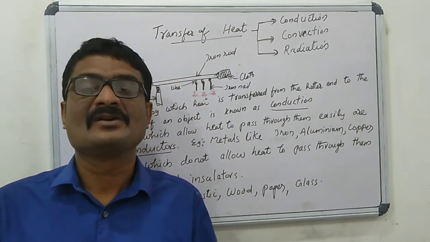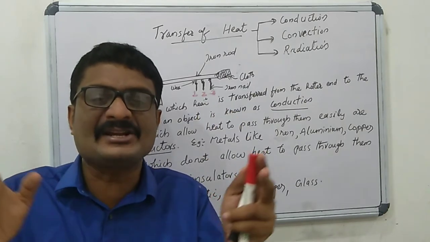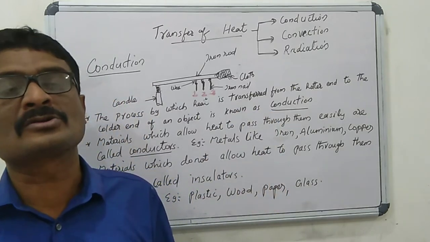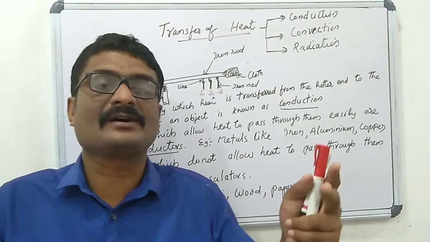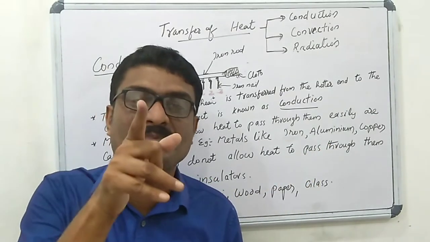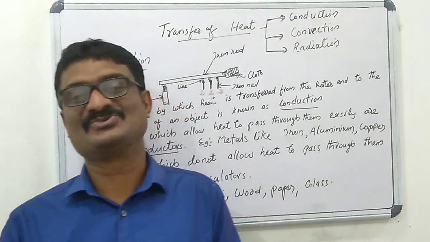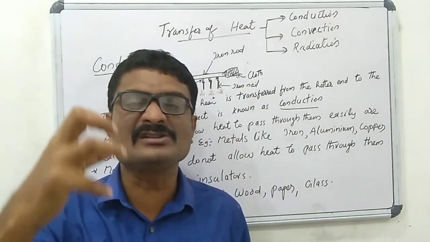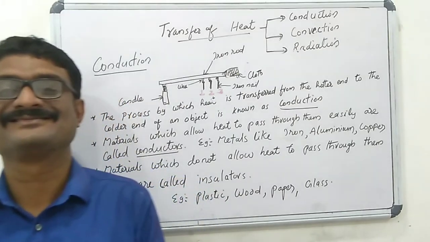Okay. What would happen if you hadn't held the rod with a cloth? As the rod heated up, your fingers would be burned too. So it is a very good idea to hold this rod with a cloth.